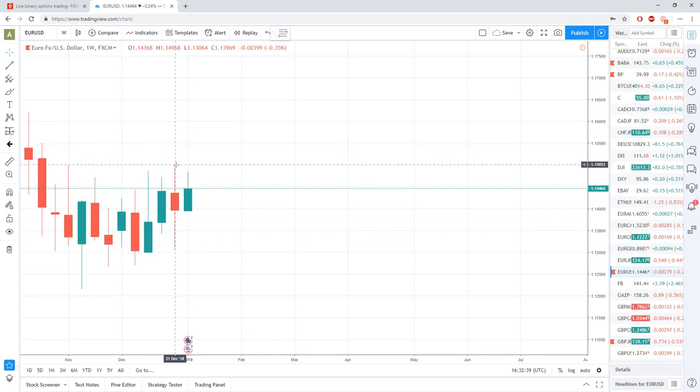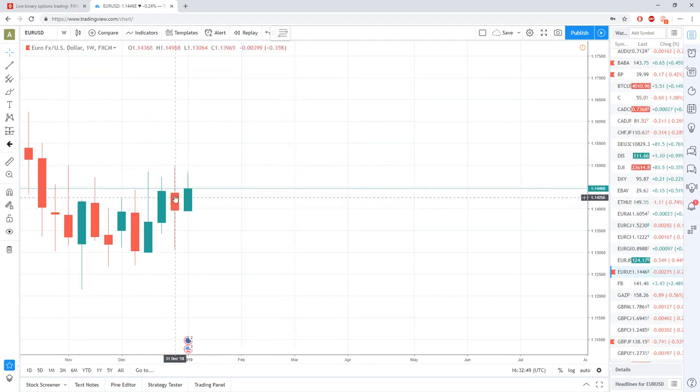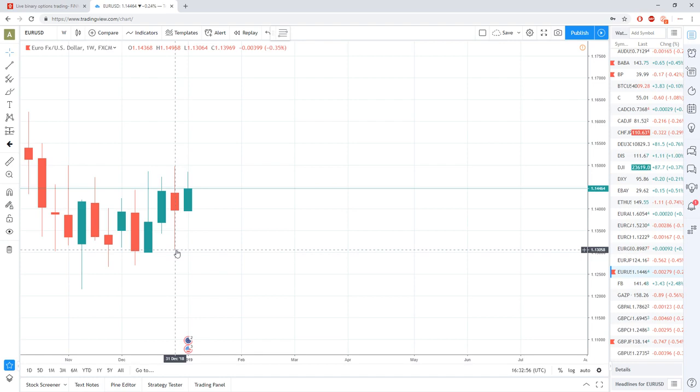So within the previous week, the price of euro to American dollar went down, but within this period someday it may have gone up to this price and fallen down to this price.